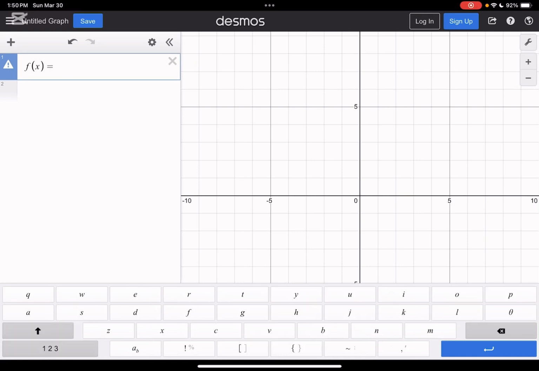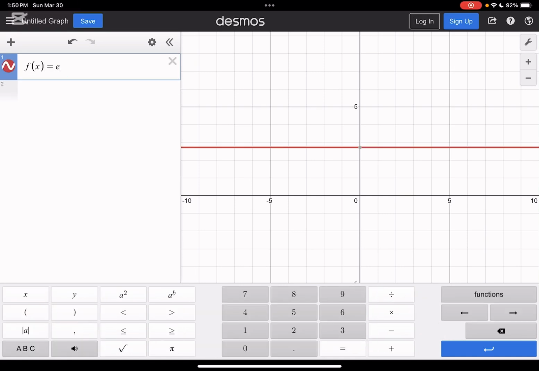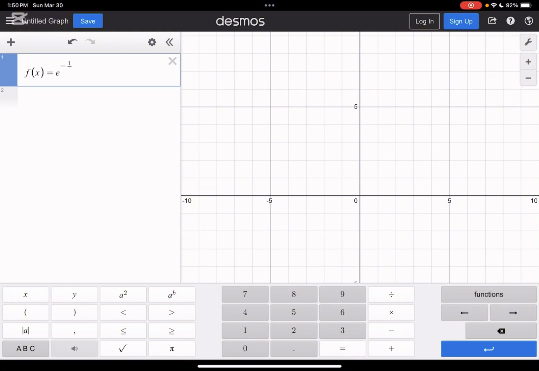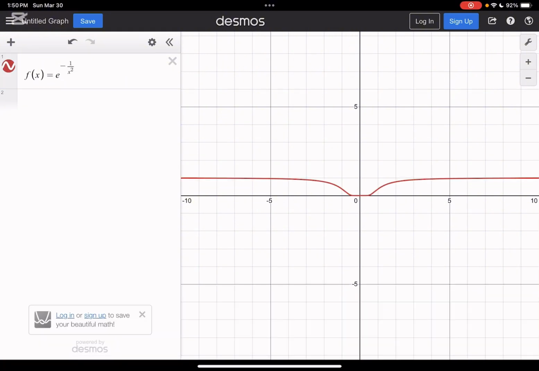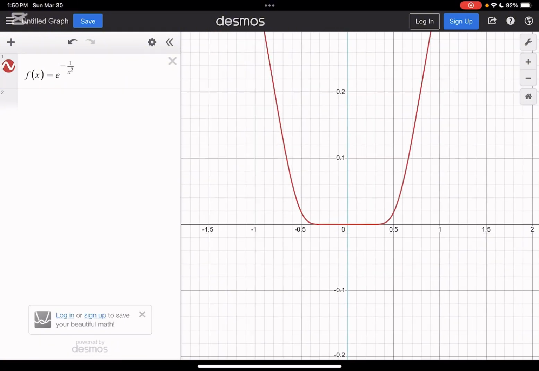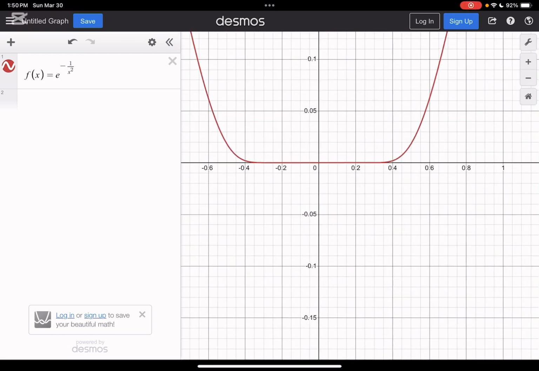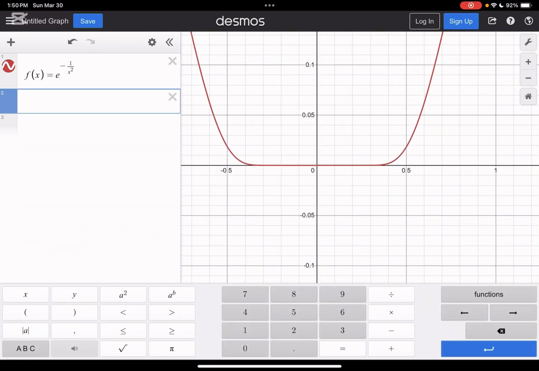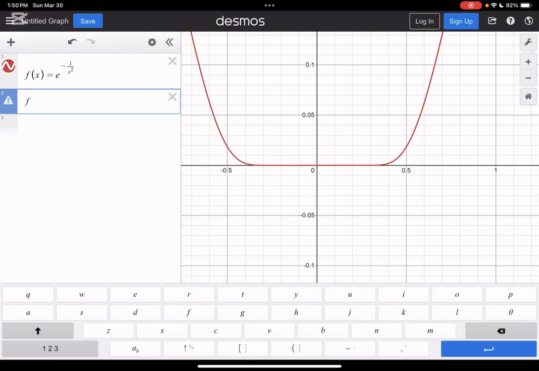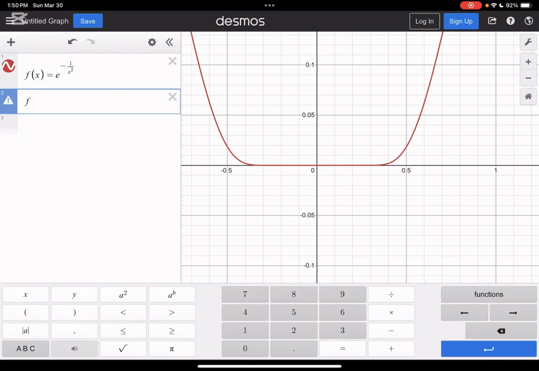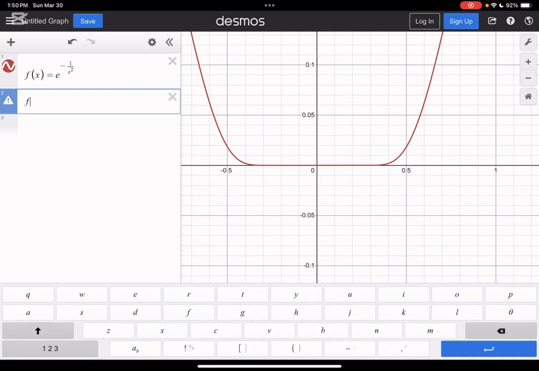Negative 1 over x. This is what e to the negative 1 over x looks like. Would you agree that the slope, f prime of 0, is 0? Where's the apostrophe? That's a comma. F prime.